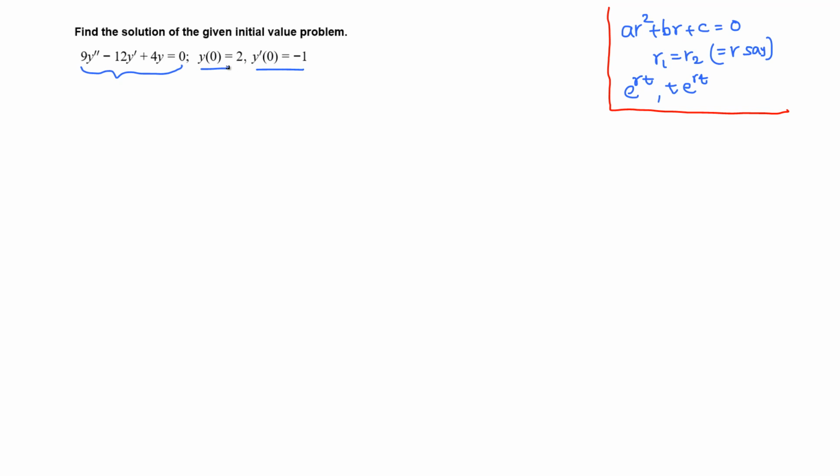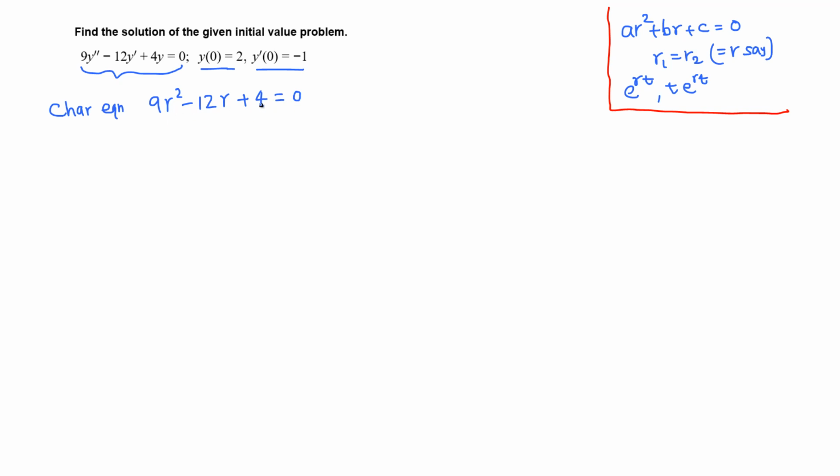Okay, there are two initial conditions, and to solve this we first find the characteristic equation. The characteristic equation is 9r squared minus 12r plus 4 equals 0. We solve this for r.